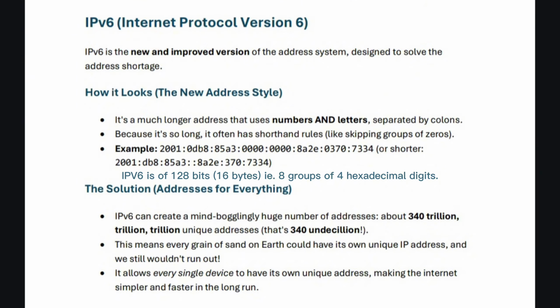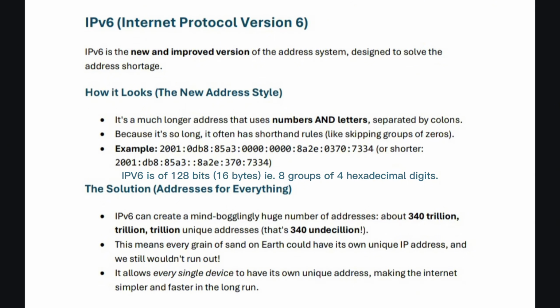For example, 2001:0db8:85a3:0000:0000:8a2e:0370:7334. It is a long address, so it has much more uniqueness and many more possibilities, making it the solution for addressing everything.